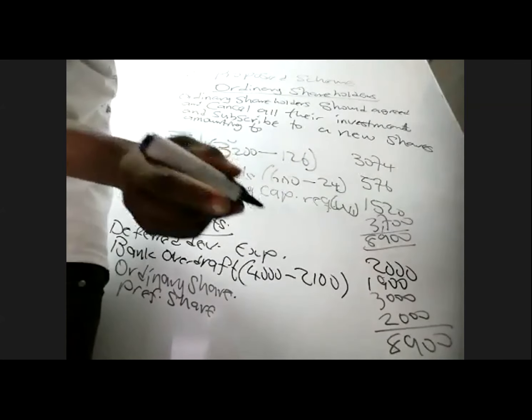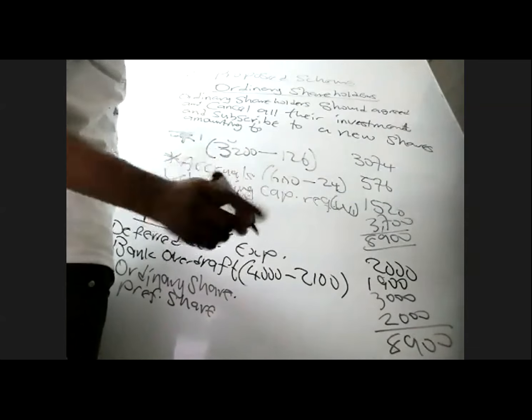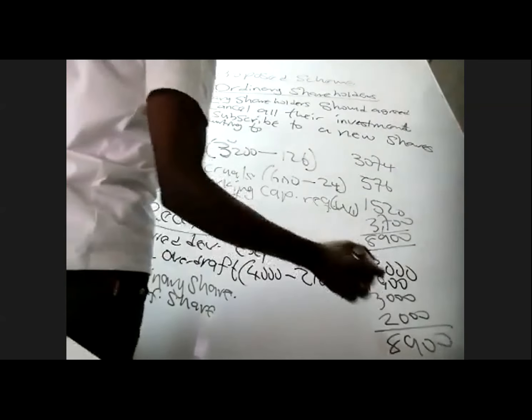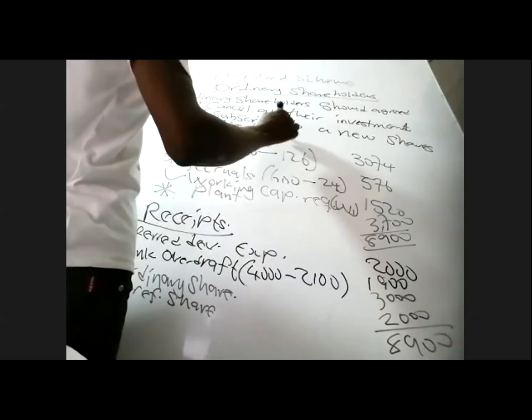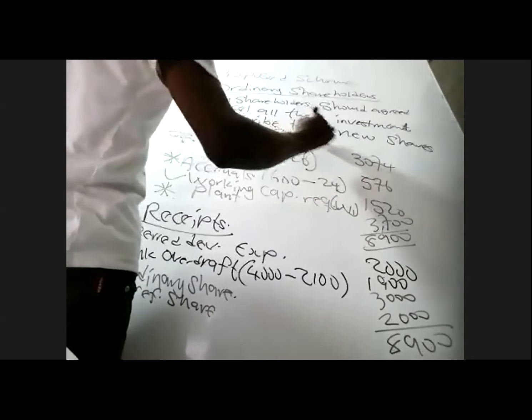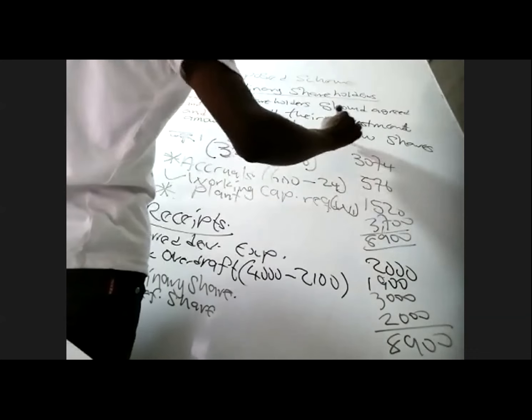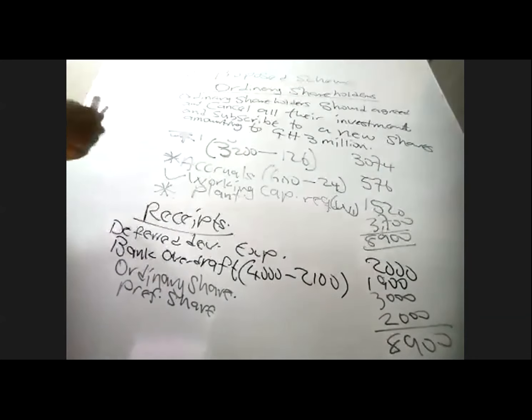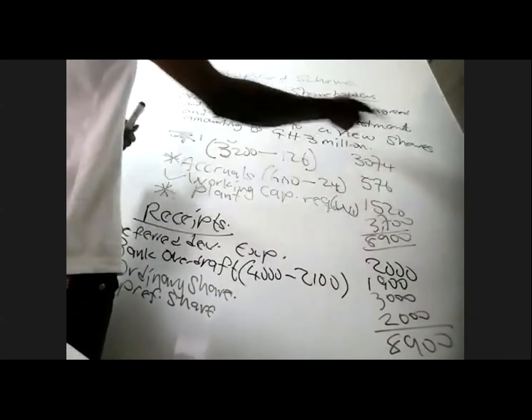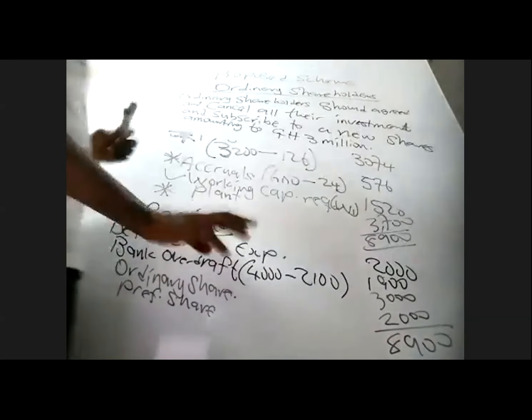They are giving 3 million. No, it wasn't 3,000, it was 3 million. There are 3 zeros on top. So amounting to 3 million Ghana cedis. Full stop. You are done. Have you seen? They should lose all their investment and subscribe. Bring 3 million. You are done.